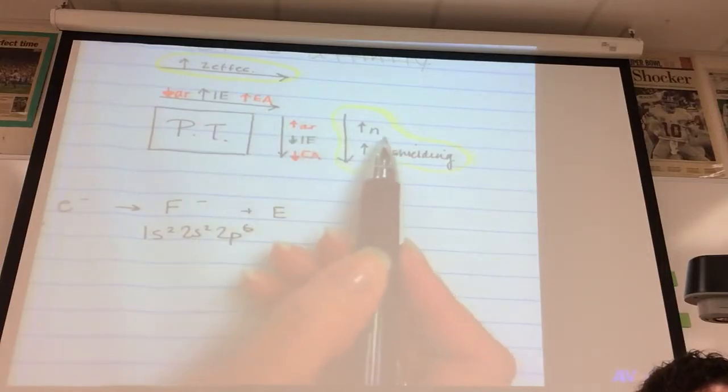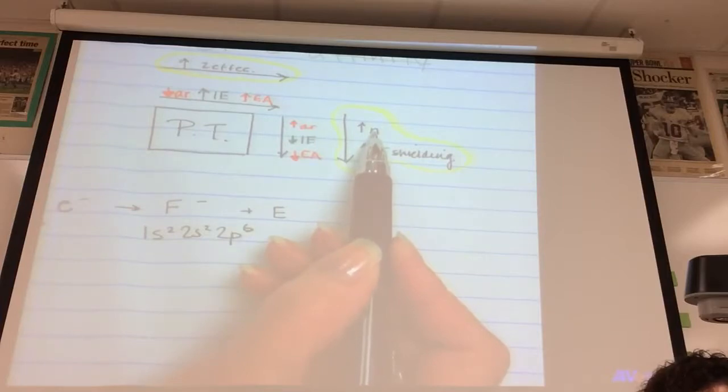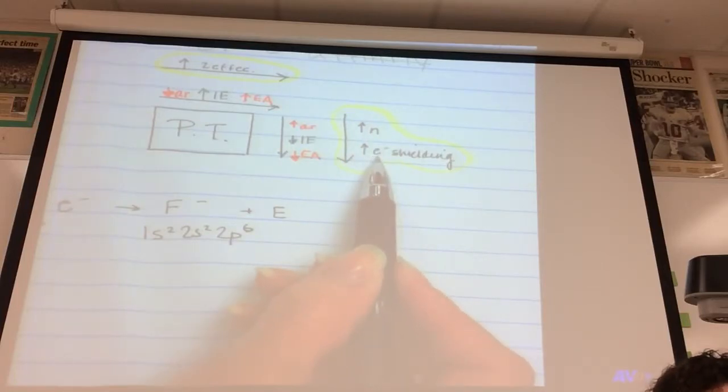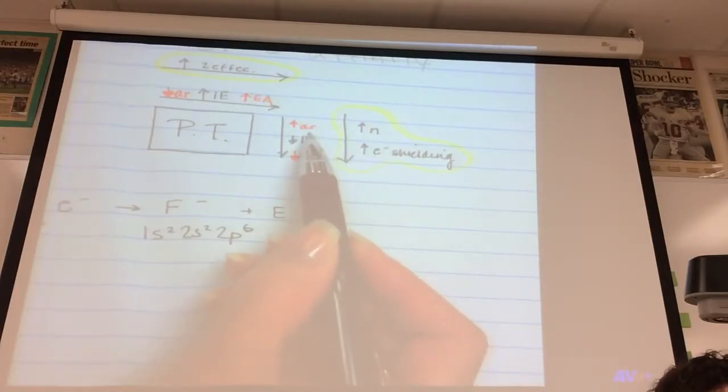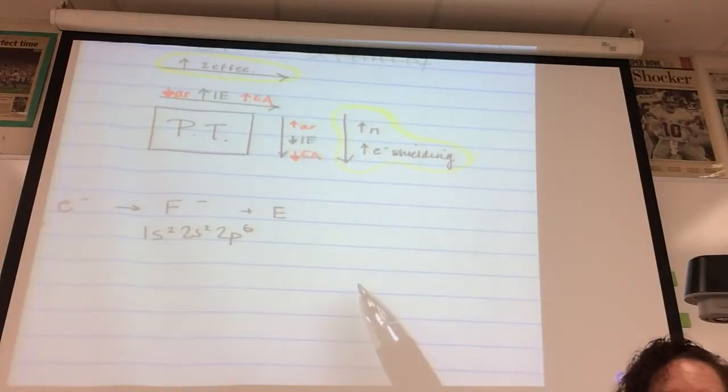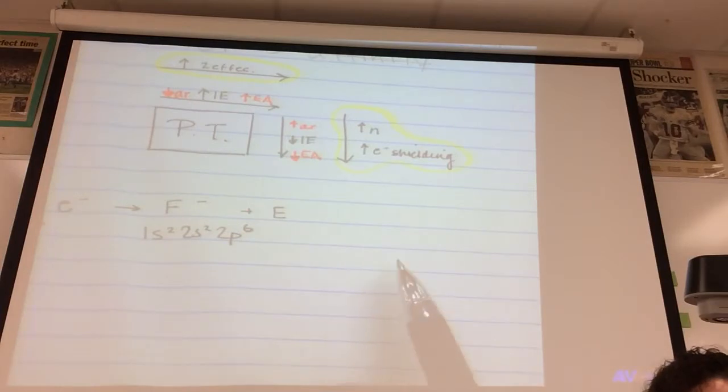Down a group, due to the shell in which the valence electron is located or where the electron will be attracted and held, as well as the increase in electron shielding, you get an increase in the radius, a decrease in ionization energy, as well as electron affinity.